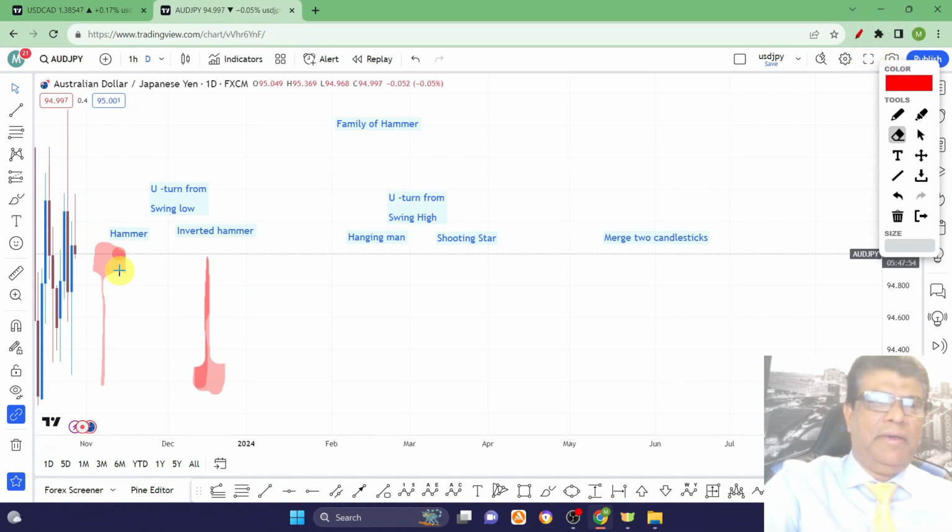So just like the hammer, all the functionality is the same, but this one is just inverted. When you turn a hammer upside down, it should look like this. So 33% body and 66% wick.